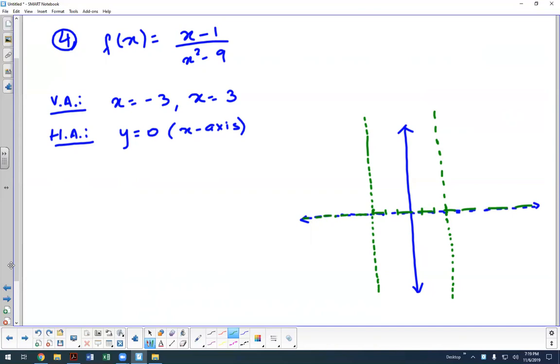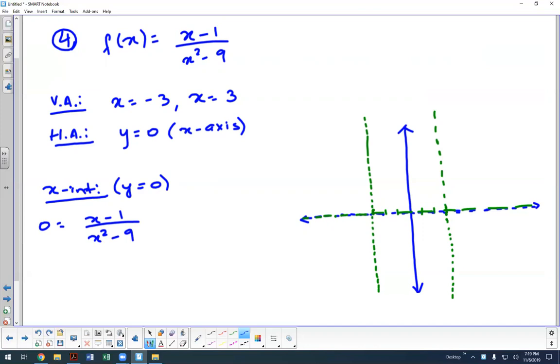Okay, so let's see if this graph has any x and y intercepts. Let's start with our x-intercept. We make the y value 0. So that would be 0 equals x minus 1 over x squared minus 9.